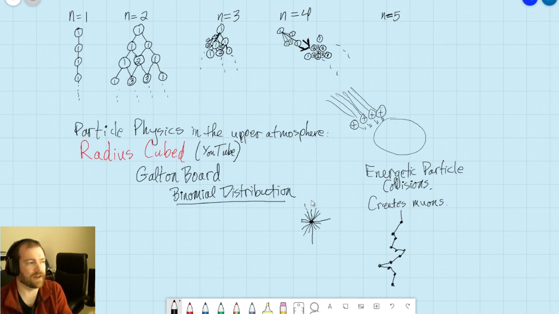This isn't how reality works, but we're idealizing for mathematics. What happens? It's going to strike this object, go in a random direction, go downward, and then strike a new particle on the next layer down.